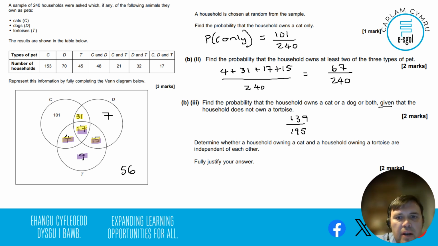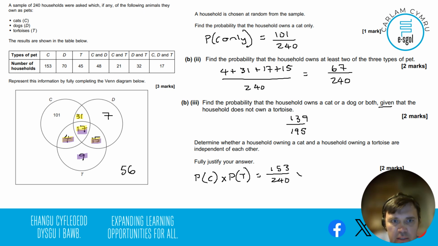Then determine whether a household owning a cat and a household owning a tortoise are dependent of each other. So the probability of cat times the probability of tortoise. So if we were to add up all of the cats, well, it's 153. So it's going to be 153 over 240 times, and then tortoise is 45 over 240, and that equals 0.12.